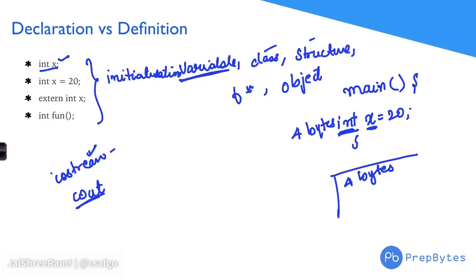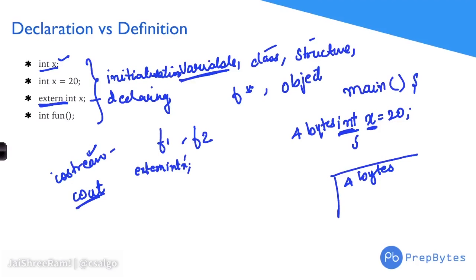Now we have extern int x. Let's understand what this extern keyword means. When we are doing extern int x, this is just declaring. Let's say we have two files f1 and f2, and we have extern int x here. There is no space allocated to x.